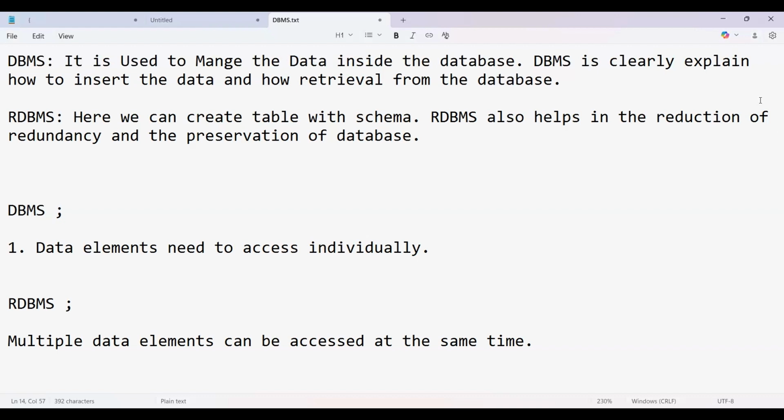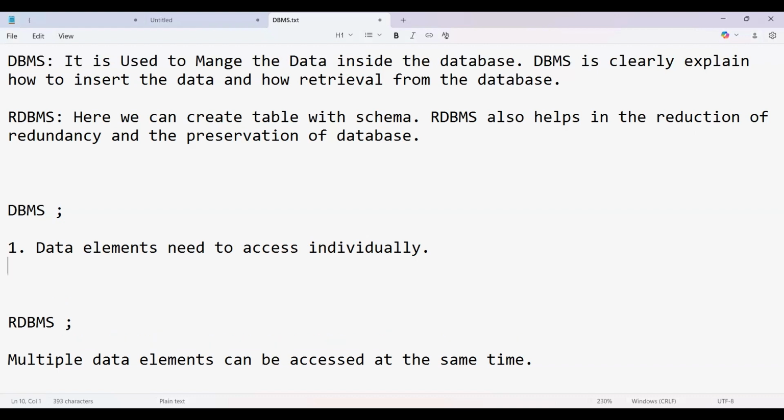And the second point, in DBMS there is no relation between the data.